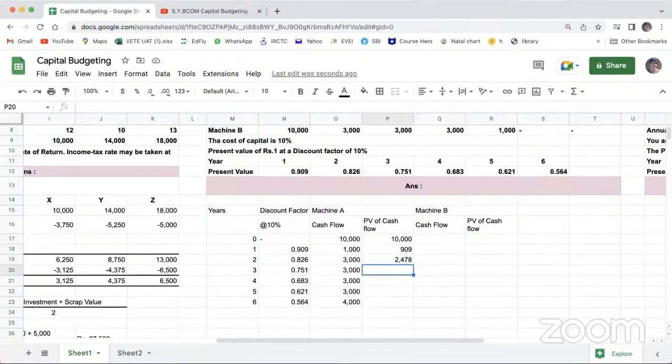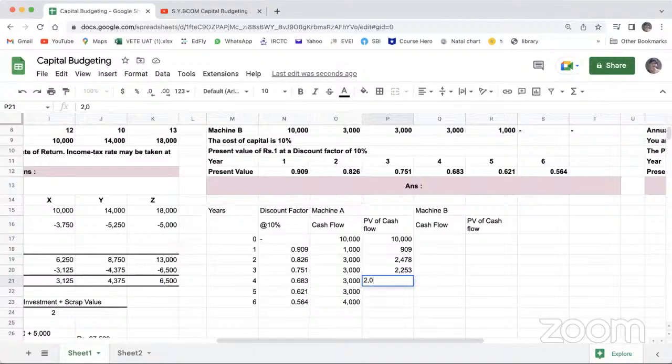Third year, 3,000 into 0.751. It is 2253. Next, 3,000 into 0.683.